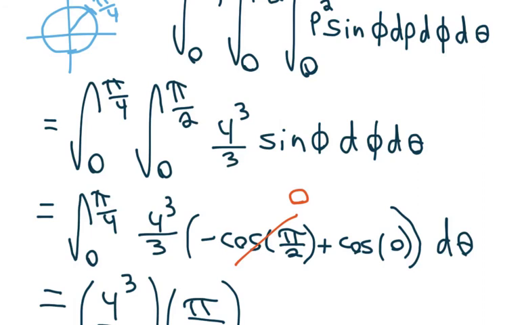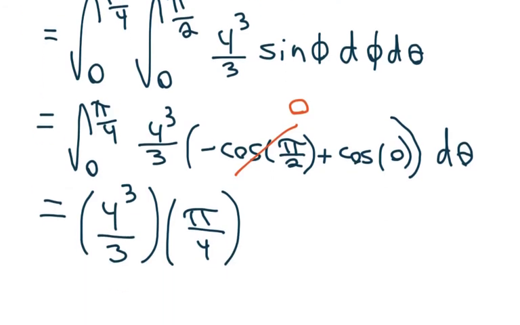Plug in pi over 2 and then minus cos of 0, which is plus cos of 0. The cos of pi over 2 is simply 0, and cos of 0 is 1. So we're left again with 4 cubed over 3. And then the last integral from 0 to pi over 4 with respect to theta gives us a final answer of 4 cubed over 3 times pi over 4.